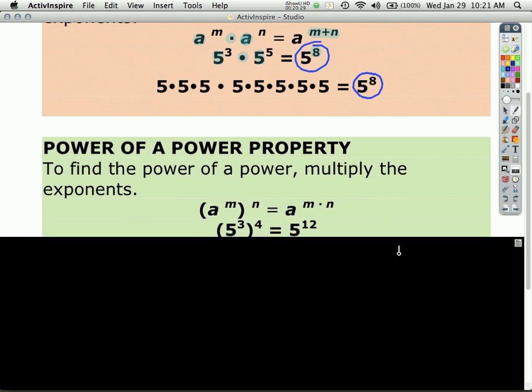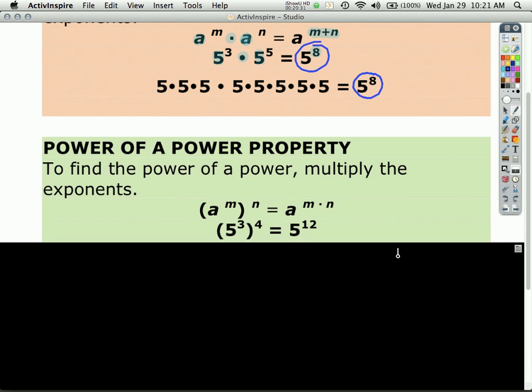Here's a practical example. 5 to the third power to the fourth power. Power of a power. A shortcut is you multiply this times this to get the 12. Why does that work?